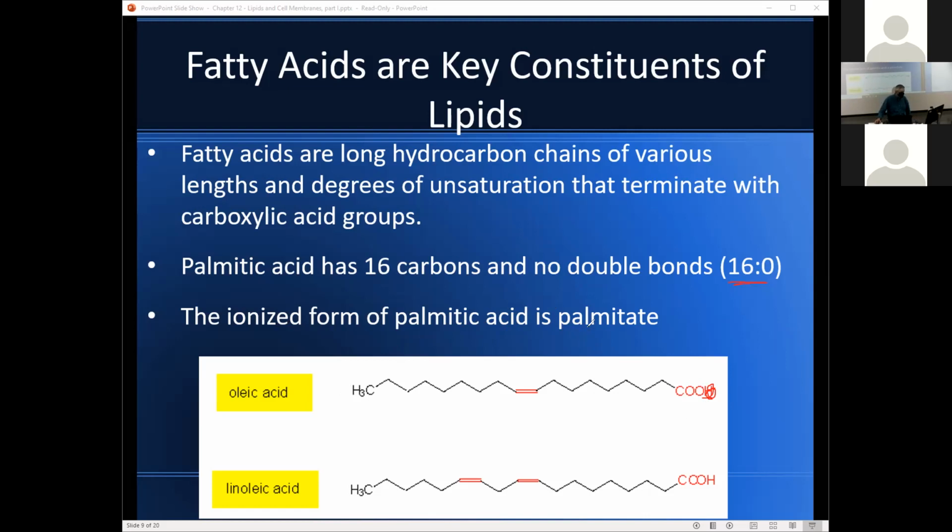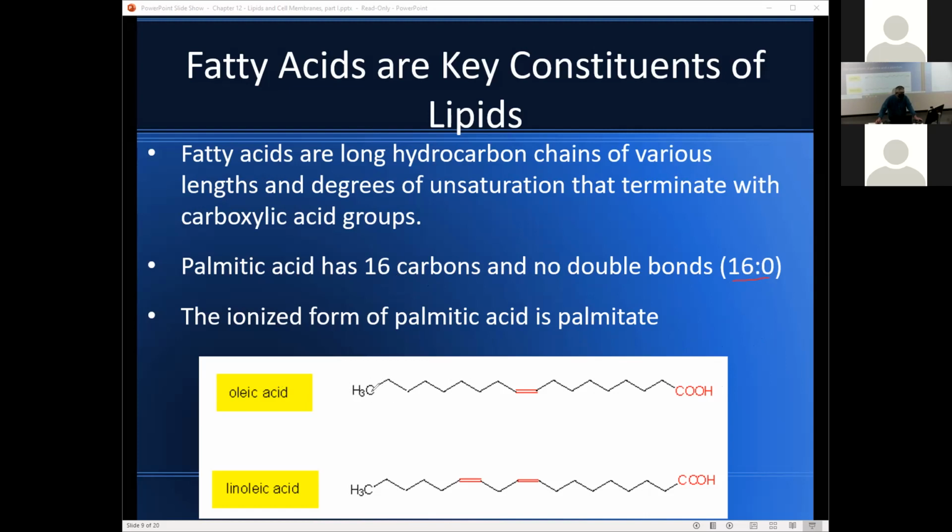All right. Okay, so let's try something here. If palmitic acid has 16 carbons and no double bonds, and the notation for that is 16:0, how do we express oleic acid in this notation?